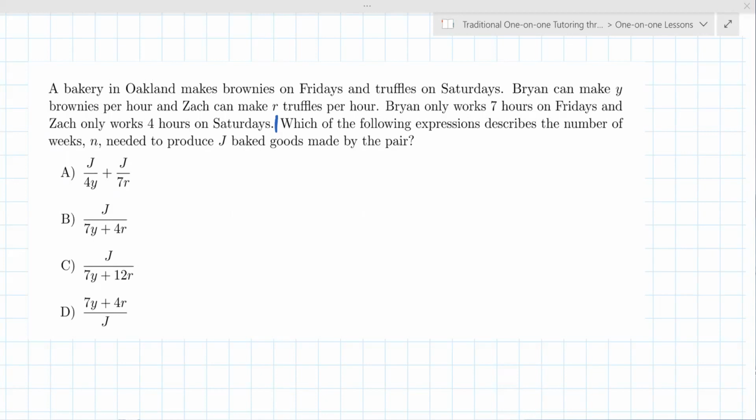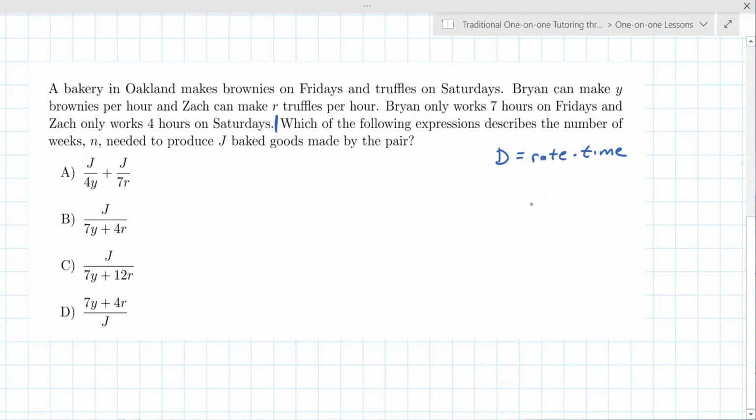Is it D? Before you just jump to answer it, one of the things I'd like to do here is help you work through it. Have you heard of distance equals rate times time before? No. So rate is like this.